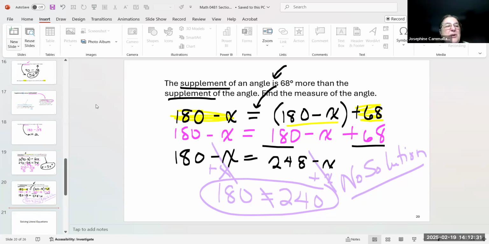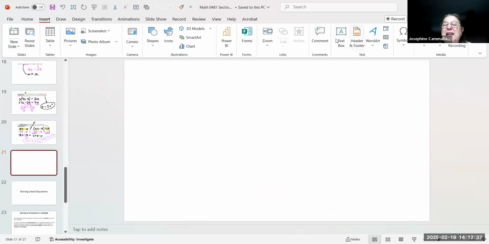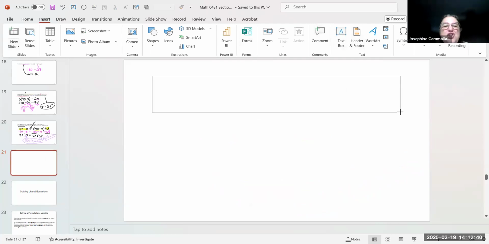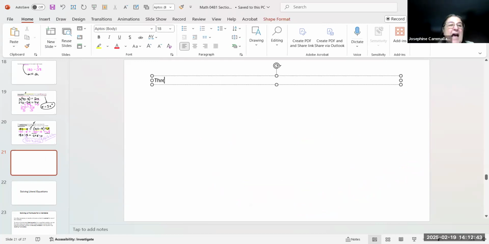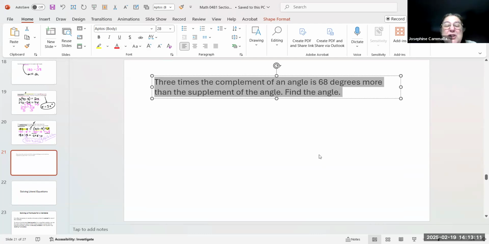Now, I'm going to do a little change here. I am going to create and change this problem a little bit. I'm going to say 3 times the complement of an angle is 68 degrees more than the supplement of the angle. Find the angle. Okay, this time I've made a little change to my problem.